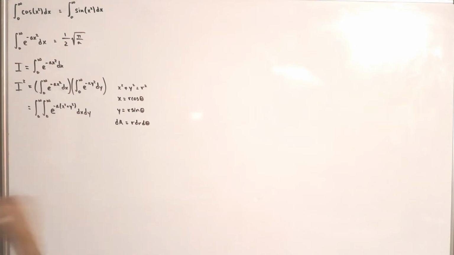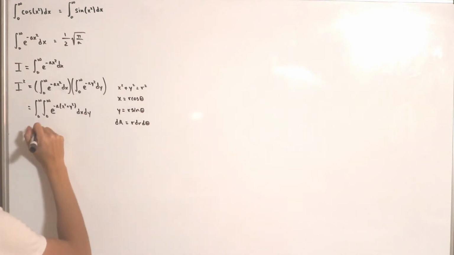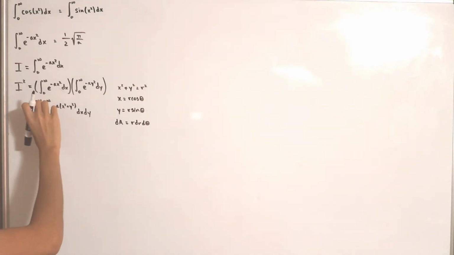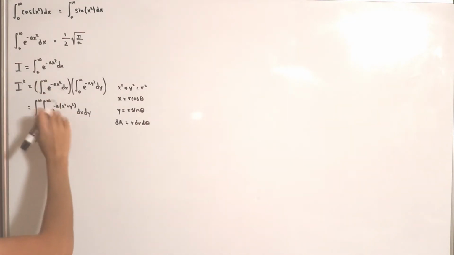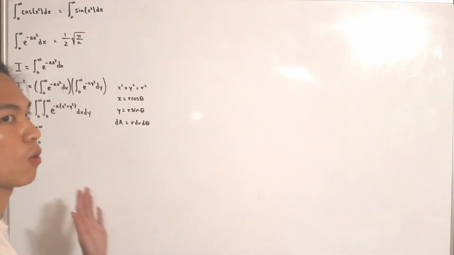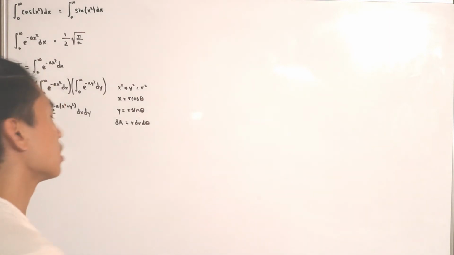Now we have that, let's substitute this, but we also have to change our bounds. Notice that our bounds are from 0 to infinity for y and from 0 to infinity for x, so we're looking at the first quadrant of the real plane.